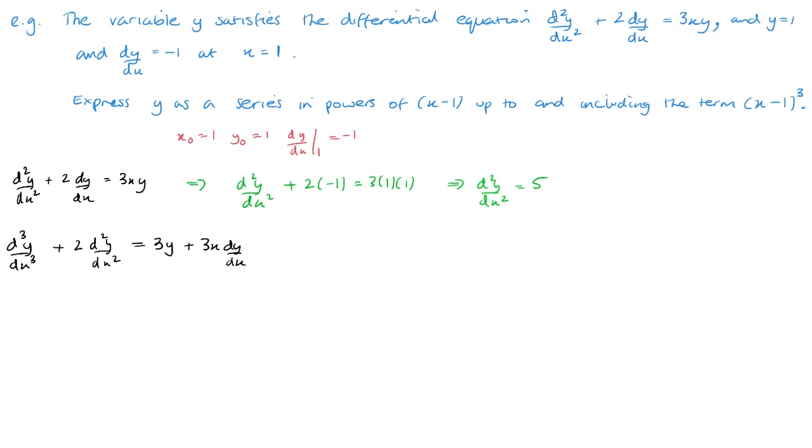So now in the second equation I've got an extra term to substitute in, so we get d3y by dx cubed plus 2 lots of 5 equals 3 times 1 plus 3 times 1 times minus 1.